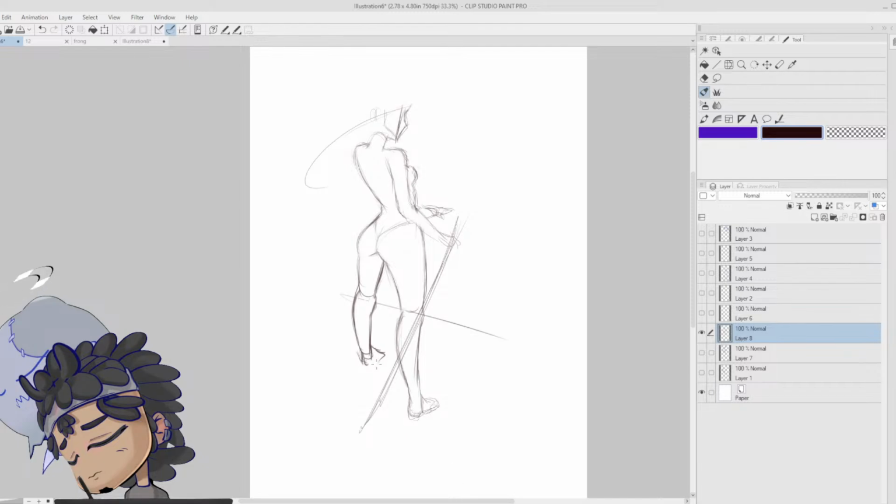Alright. Now the foot here needs to be a little bit more on an angle, so I'm going to draw this like so. Okay. Now the leg here is a little bit too fat. It looks really strange, so we're going to fix that.